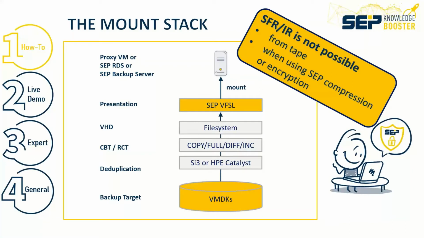Very important for you, a hint from my side: single file restore or instant recovery is not possible from a tape backup, of course, because it's a bit complicated when you try that. And when you use the compression or the encryption that we have, then it is also not possible to do a single file restore from the full backups.